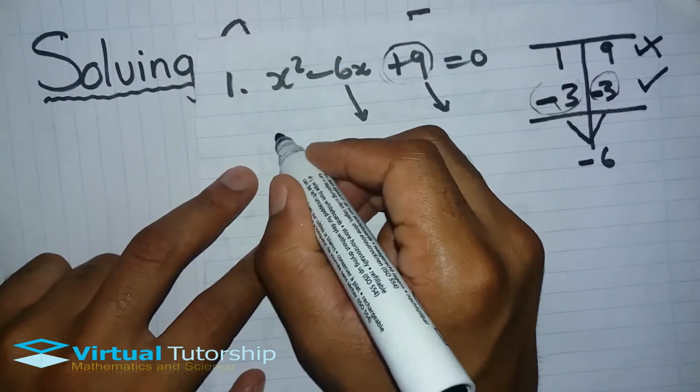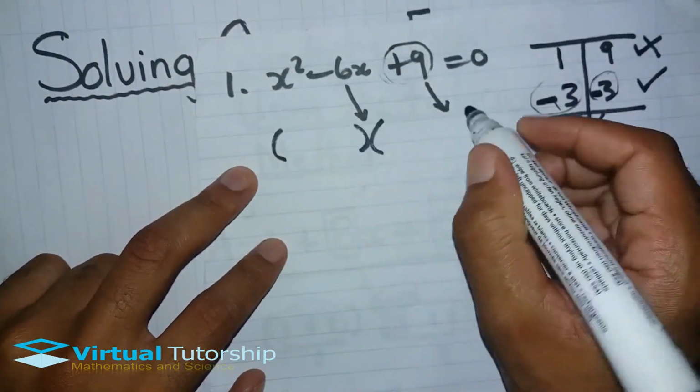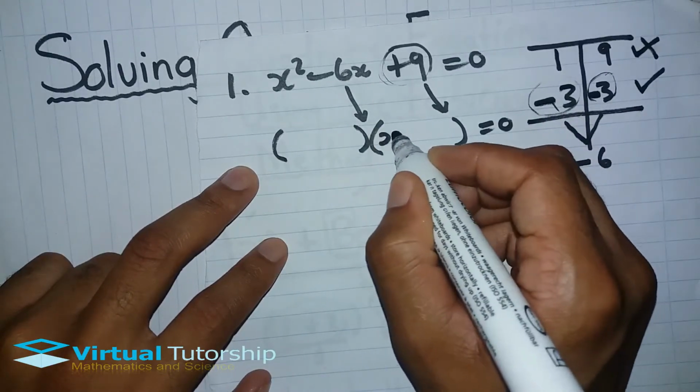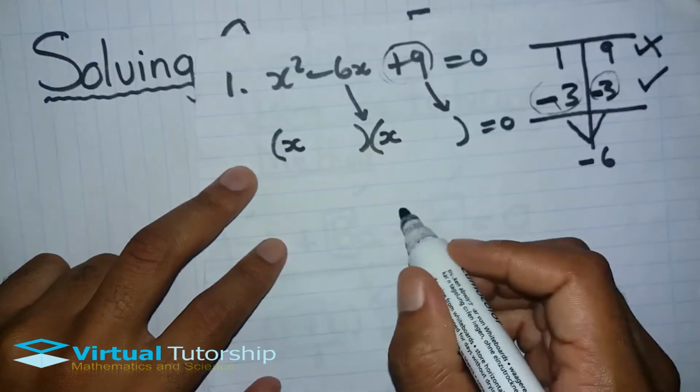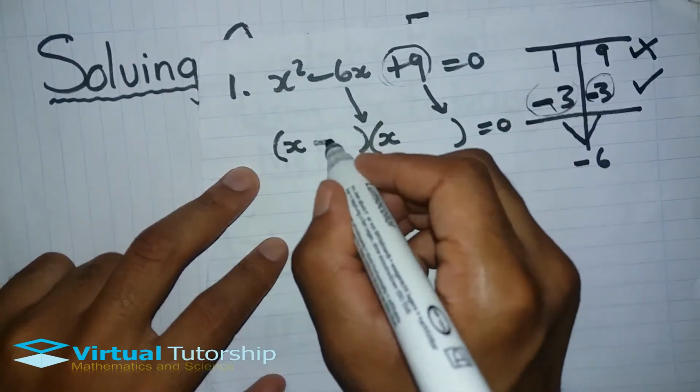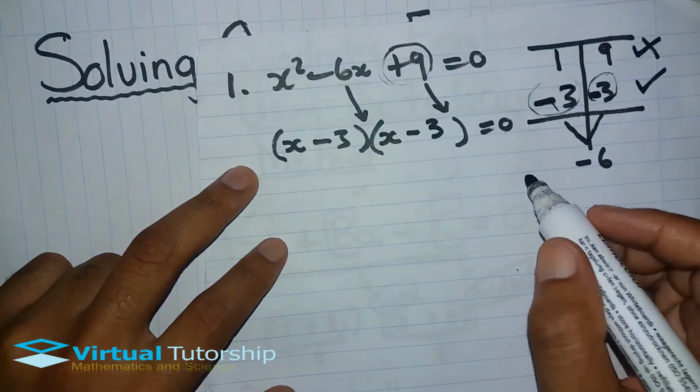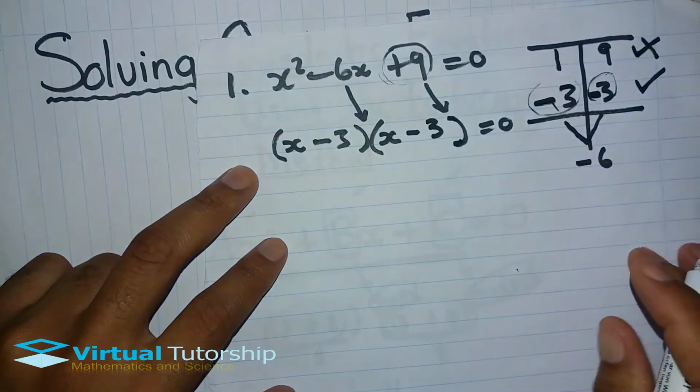So bheka-ke a trinomial nangabe uyayi-factorize uzothola ama-binomial ayi-2. So ama-factors wale trinomial it's minus 3 and minus 3, ne? Minus 3 and minus 3.